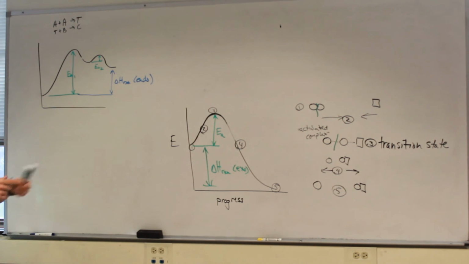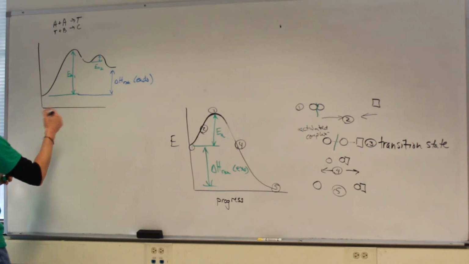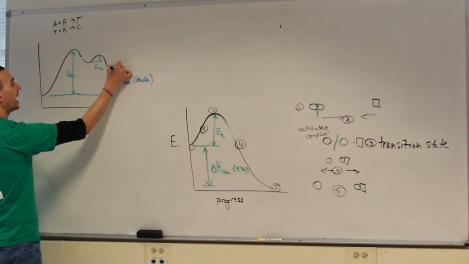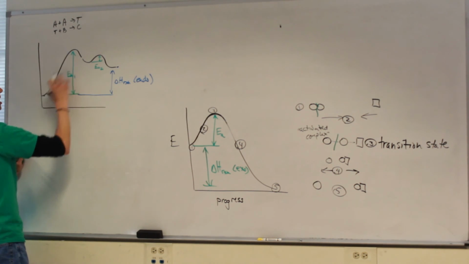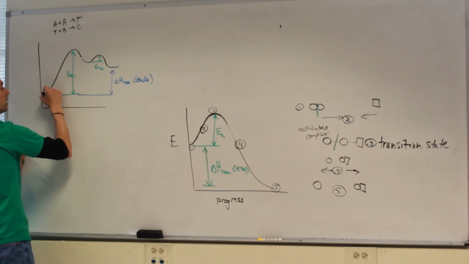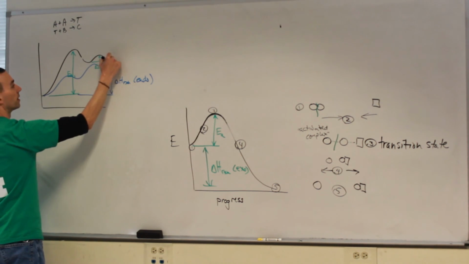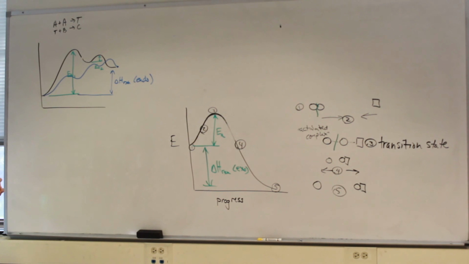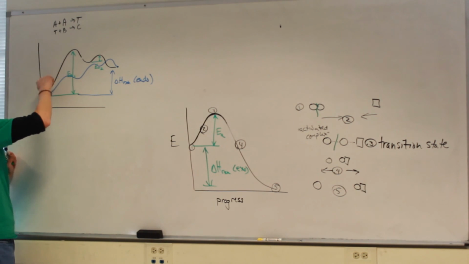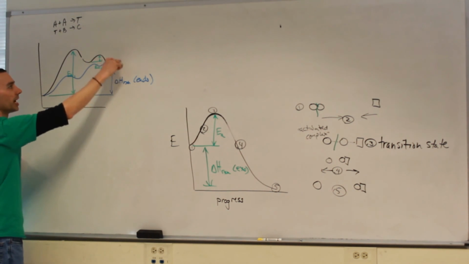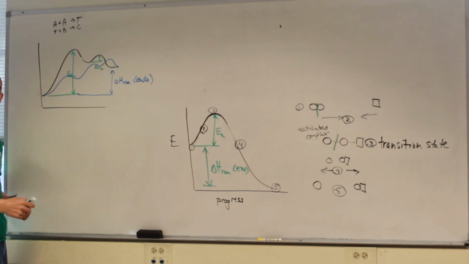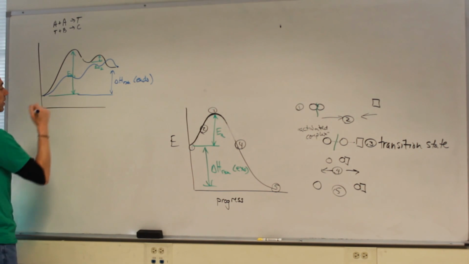Now if we add a catalyst to this situation, what the catalyst would do is change the pathway. So if we added a catalyst, I won't write out a new mechanism, but it would add a third step. We still have to end at this position and start at this position, but we would never have this giant hump. So maybe we would have three equal or smaller steps. And if you gave me the choice of doing the black line for a bike ride or the blue line, I would probably choose the blue line because none of the hills are as big.